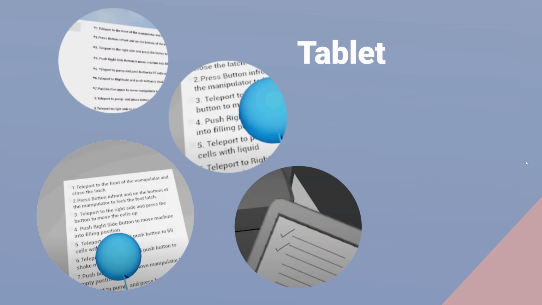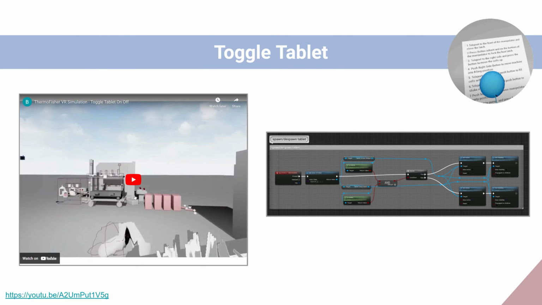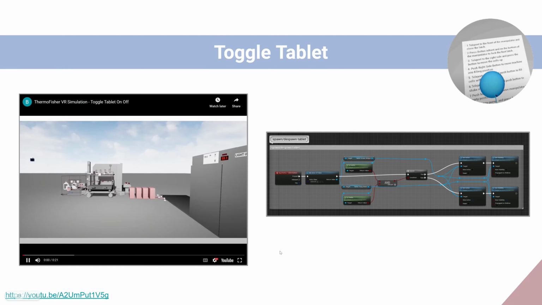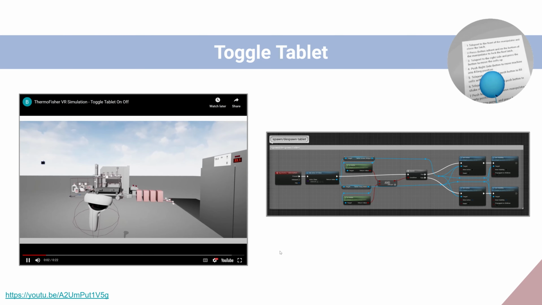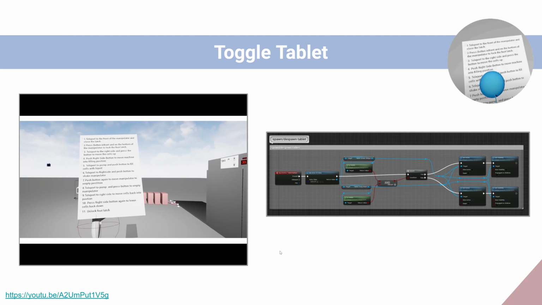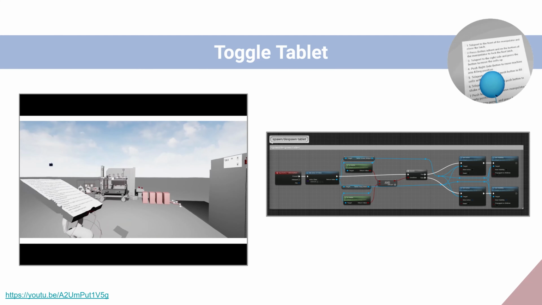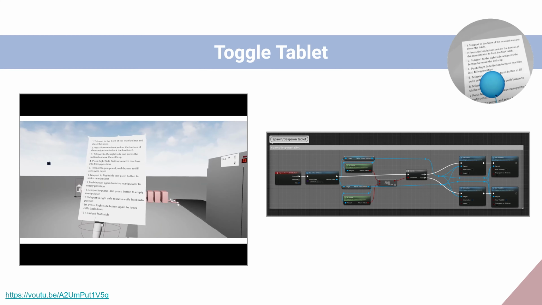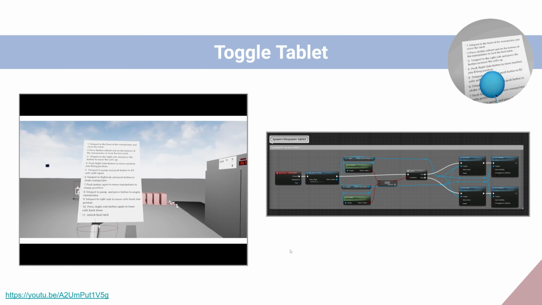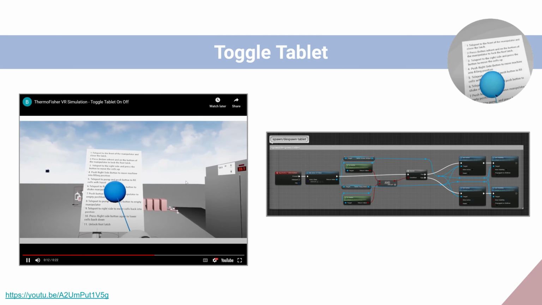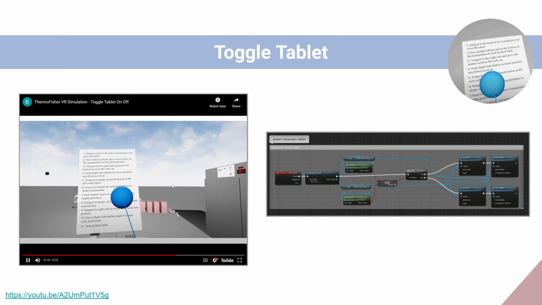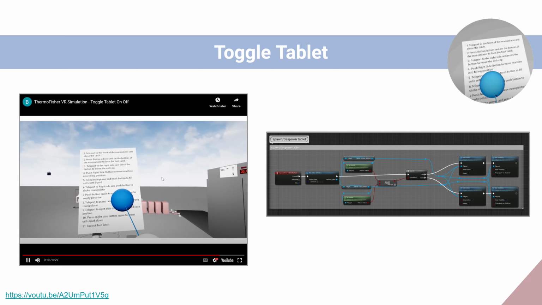Another important component of our simulation is the tablet. My team member has built a blueprint that allows us to toggle the iPad on and off. This iPad tablet's purpose is to give directions to our user so they know what step they are on.